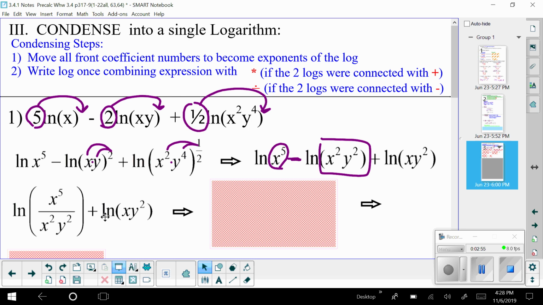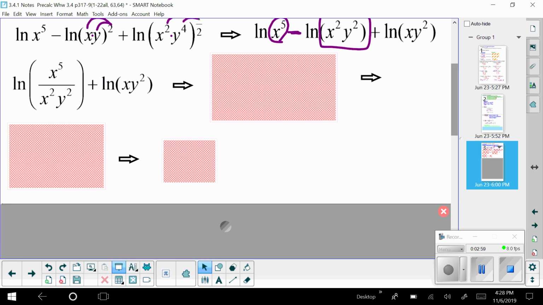Now at this point in the game you have some options. You can either reduce down the fraction that you currently have right now, or you could continue to write it as one giant fraction and then condense at the end. It's totally up to you how you want to do it. There's not a right or wrong way. I went ahead and condensed the whole thing first and then started to reduce. So now I have addition going on. So how do I condense addition?